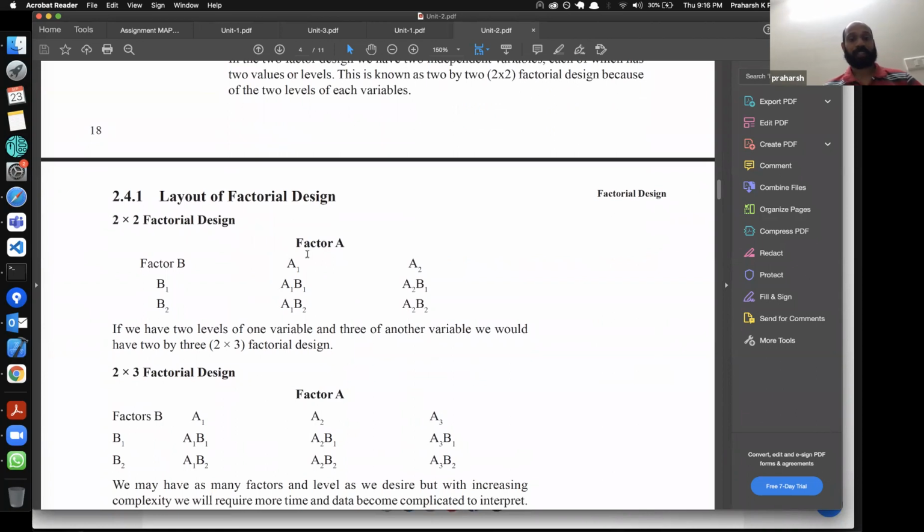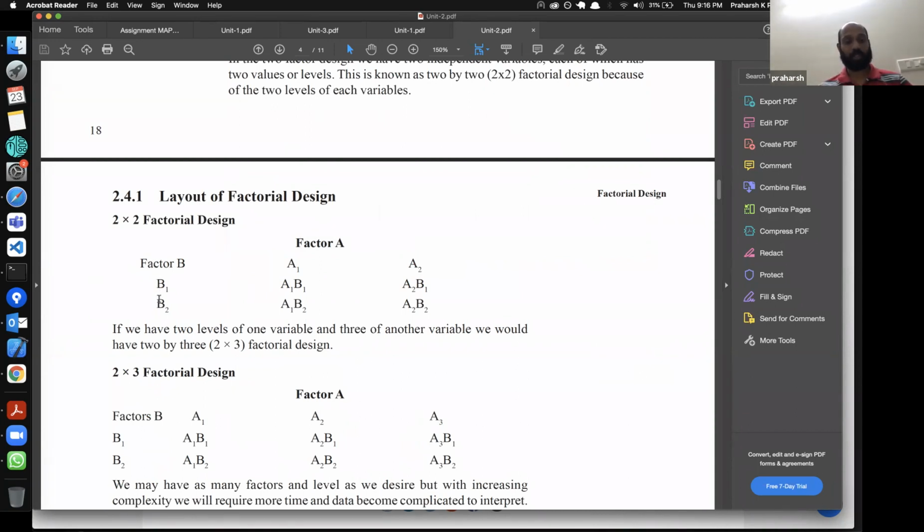Simple 2-factor design, that is exactly what I was showing here, but we'll have it in a different layout. Factor A, factor B, very simple. Factor A has 2 levels, you might remember the levels. Factor B has 2 levels. For factor A, I mentioned the example of number of siblings: up to 2 siblings, more than 2 siblings. Those are the 2 levels of one factor. The second factor is poverty line, below or above.